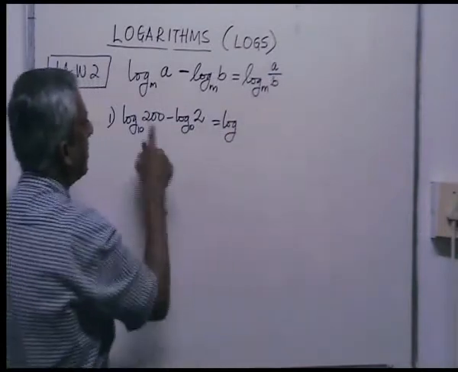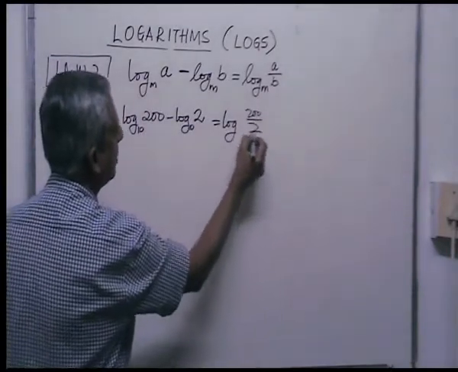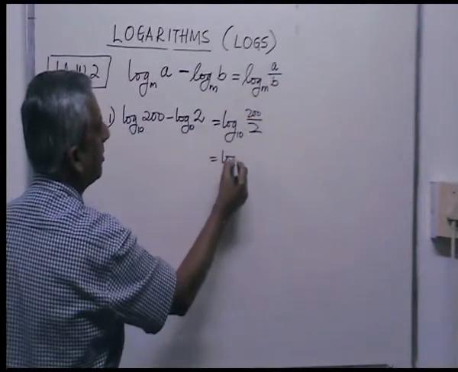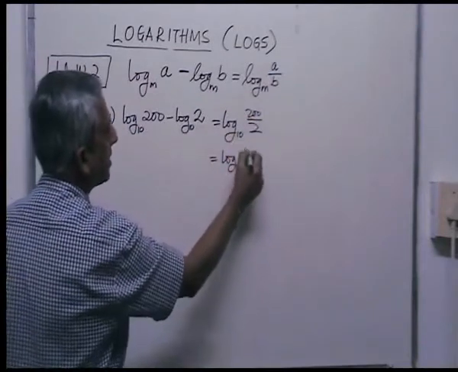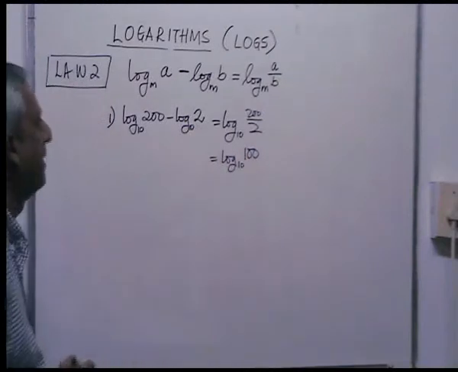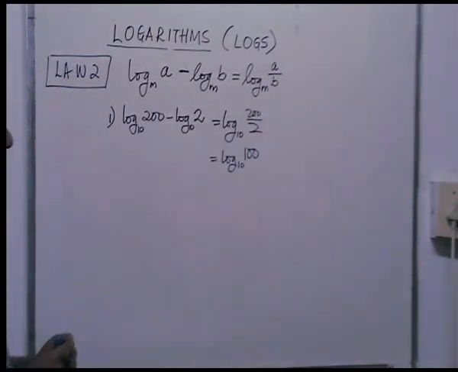It's divide, you see. 200 divided by 2. I'm doing it step by step, which is really log of 200 divided by 2, which is really log of 100 to the base 10. At the moment, I'm just going to leave the answer like that. Later on, we will teach you how to use the calculator and how to get the answer.